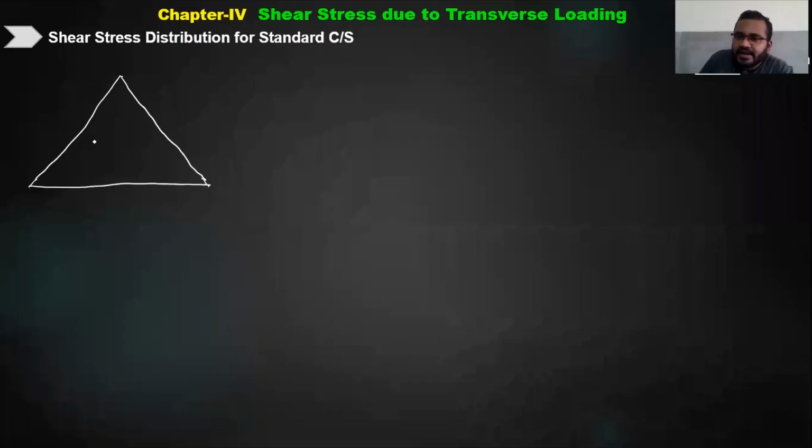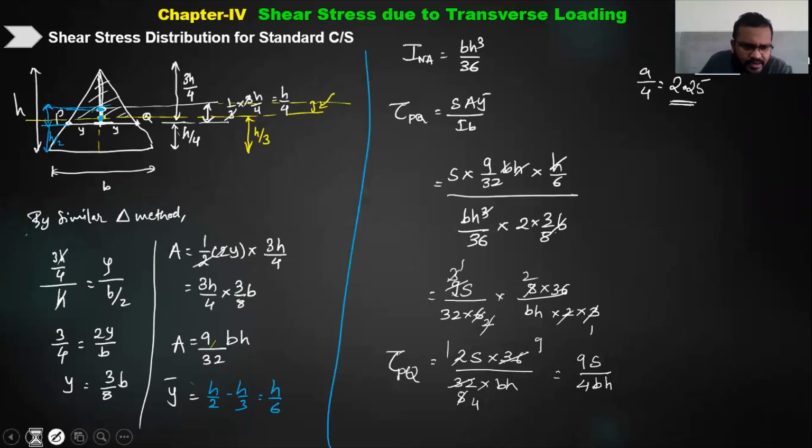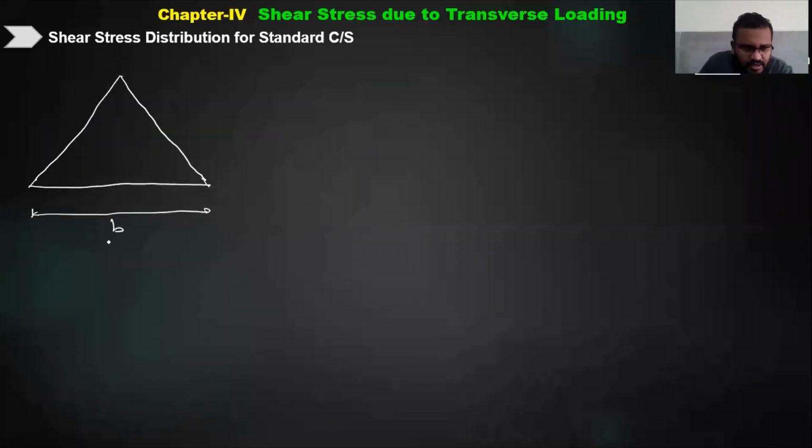Okay, now we have a triangle. Let us get some dimensions for the triangle. Let's say the base size is capital B, because ultimately we are going to use this, and the height of this particular triangle is, let's say, capital H.